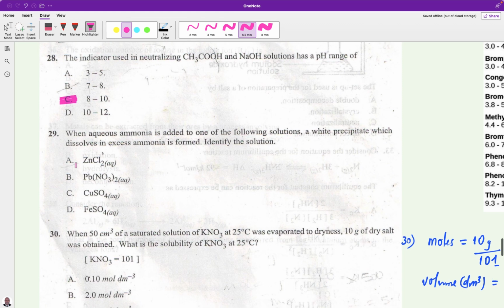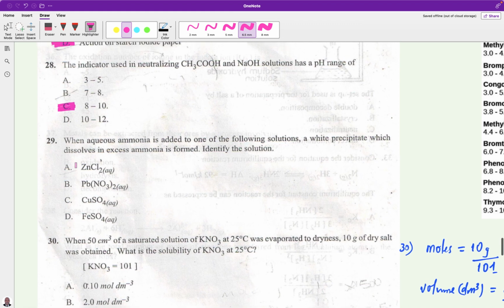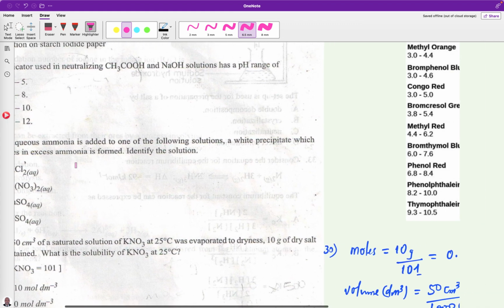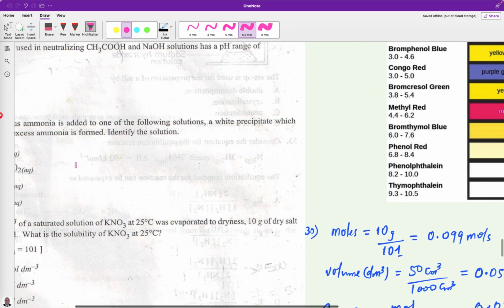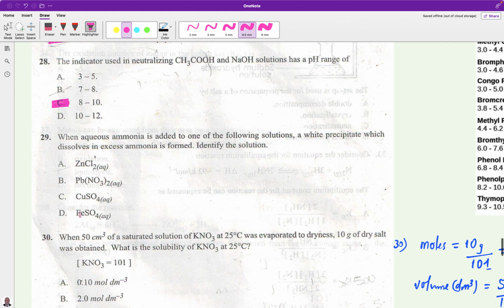If you have done tests for cations, you will realize that when aqueous ammonia is added to zinc chloride, the zinc ion is observed as a white precipitate.